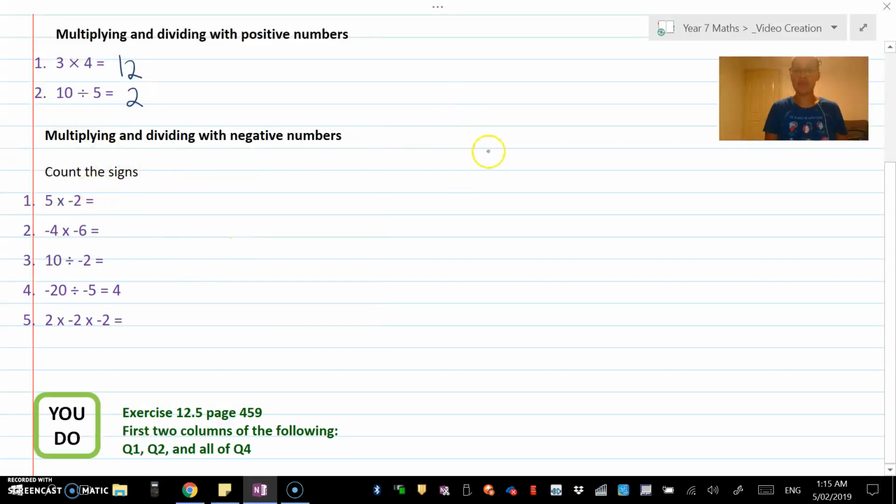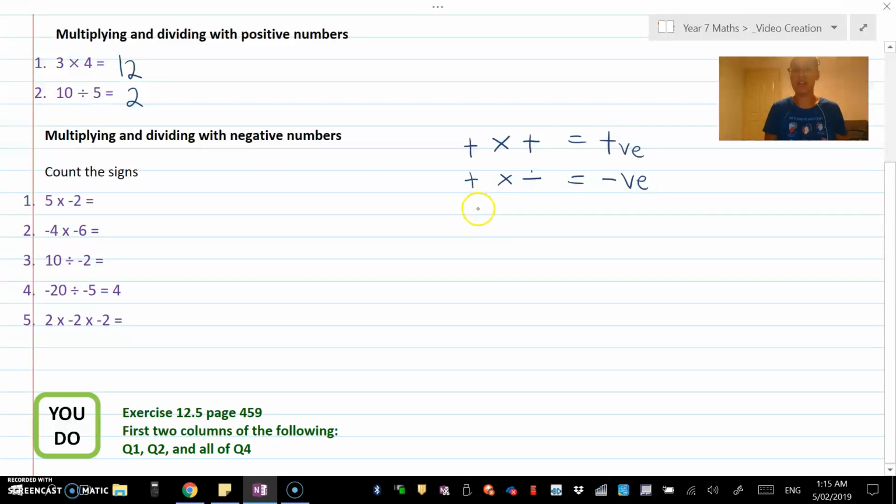So what we can do is, if we have just two numbers, if we are multiplying and we have a positive and a positive, the answer is going to be positive, as seen here. If one number is positive and one is negative, the answer will be a negative.